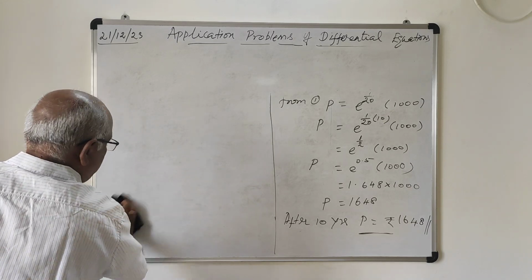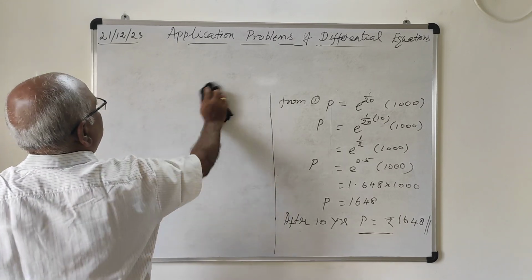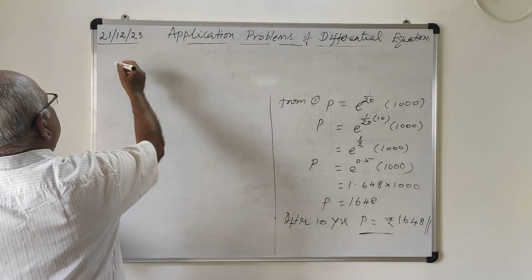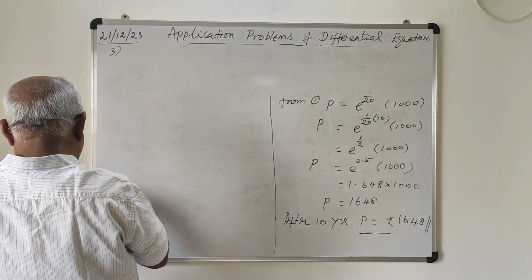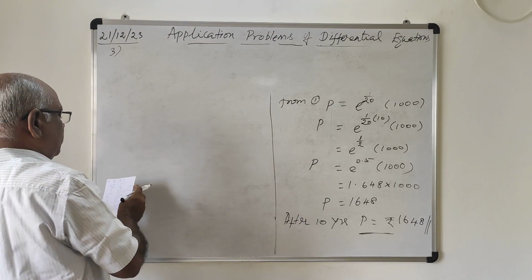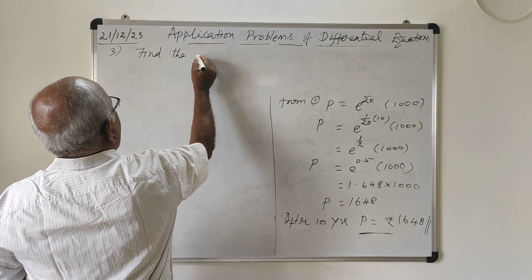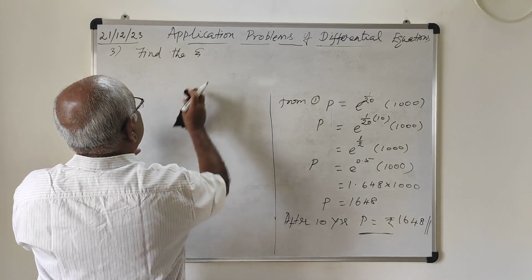In the second, we determined the amount we received after 10 years. And the third one is: find the equation of the curve whose slope is given.